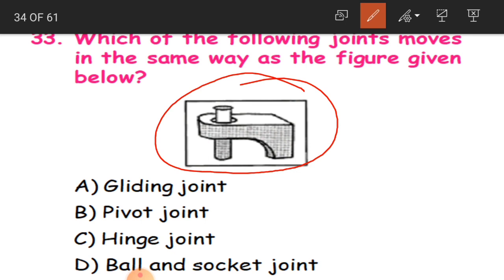It is just like a hinge joint, like we have our elbow. Same. So that is why C is the correct answer. So we have to match how this particular picture matches with a joint. It is with the hinge joint.